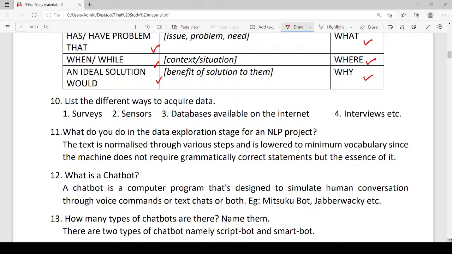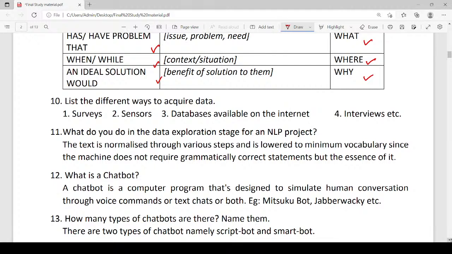Now tell me, how many types of chatbots are there? Excellent answers. How many chatbots do we have? 2 types of chatbot, and they are scriptbot and smartbot.